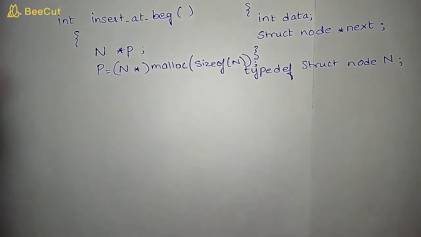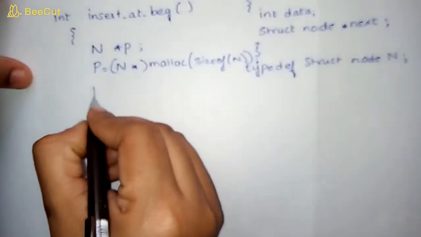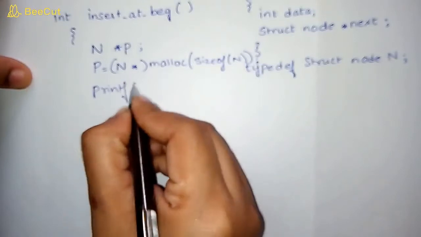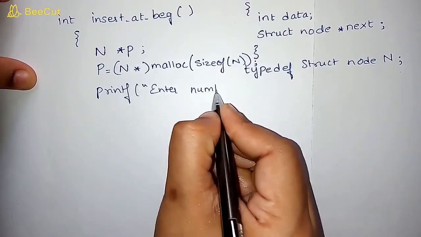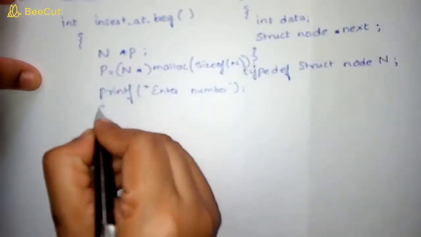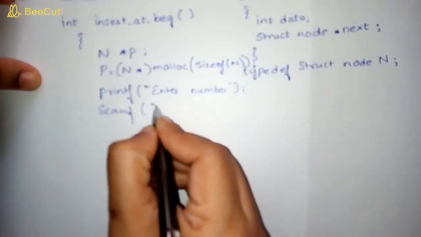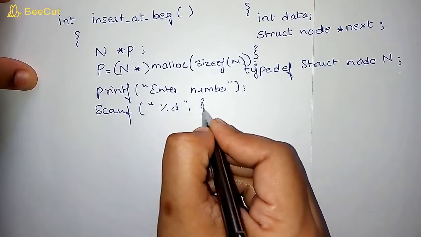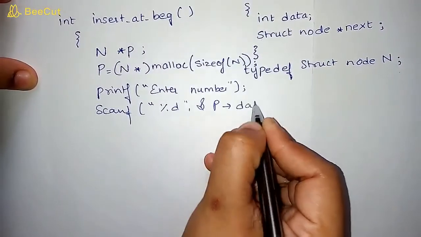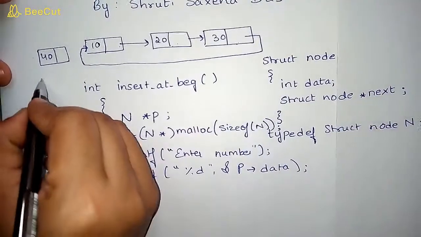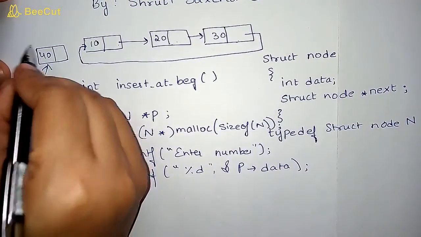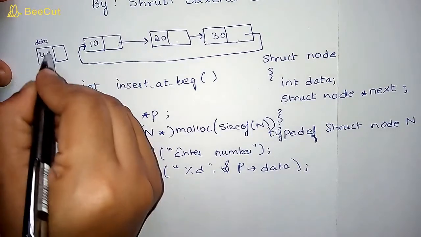Now our node is created. Now I need to ask the user which value he wants to insert. So I'll ask the user to enter a number. To read it, I'll write p data. p is a pointer pointing to this particular node, and p data means this location.